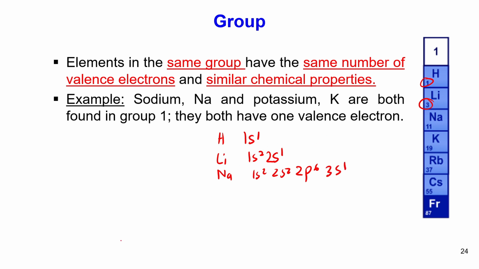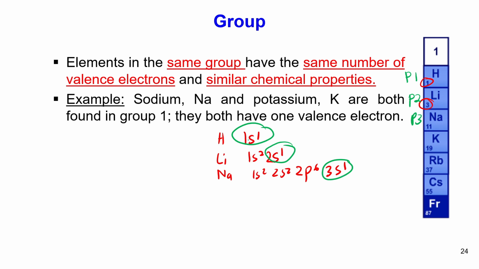If you can see here, the largest principal quantum number for hydrogen is n equals 1, meaning hydrogen is in period 1. For lithium, the largest principal quantum number n equals 2, so lithium is in period 2, sodium period 3. So all elements in group 1 have 1 valence electron.